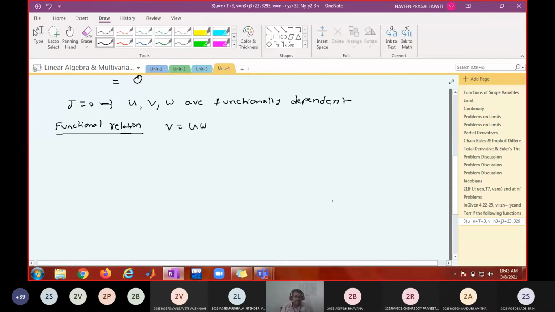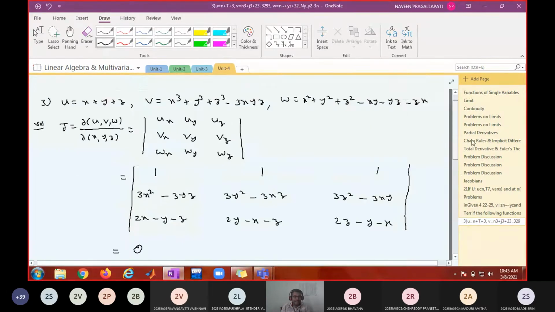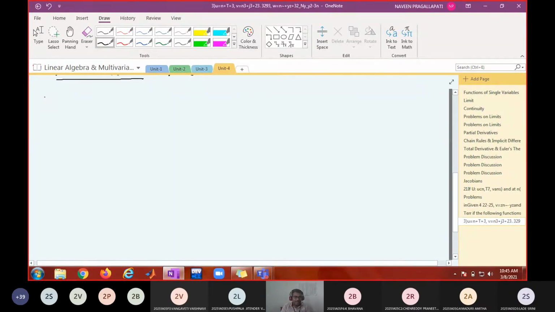Now, I will do one more problem and skip to the next one. u equal to sin inverse x plus sin inverse y, and v equal to x into root of 1 minus y square plus y into root of 1 minus x square.